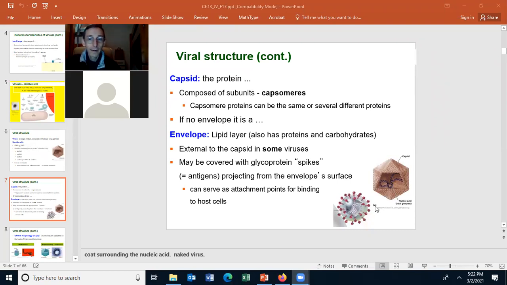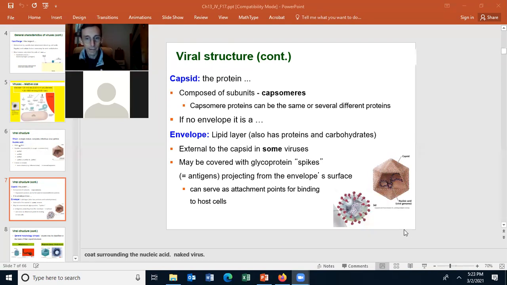Yes, thank you. All right, so around the genome we have the capsid, that's the protein coat, and all viruses have a genome and a capsid, the protein coat. The protein coat is composed of one or more proteins. This virus here, it's just repeating units that we call capsomeres of one protein, and it just repeats.